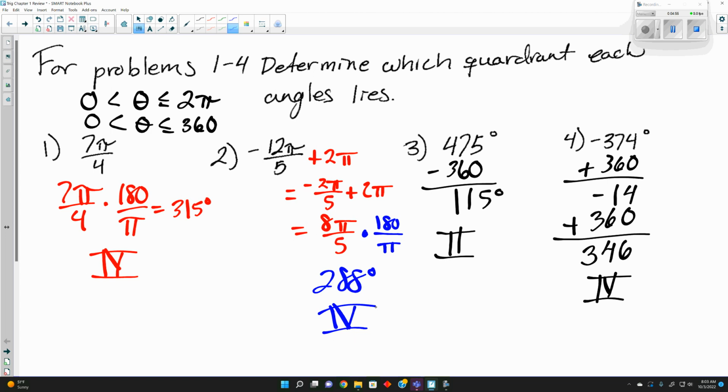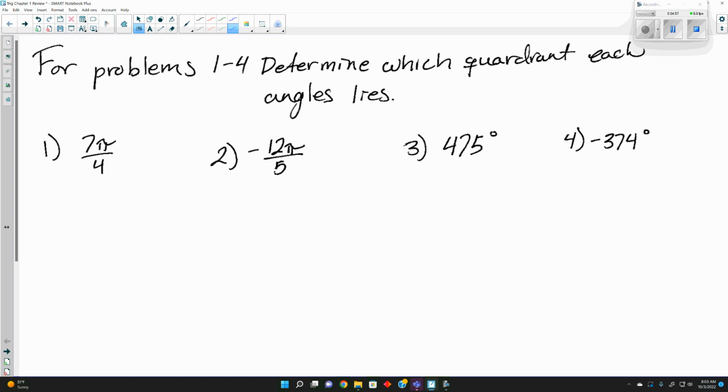Yeah. So we could have multiplied this by 180 over pi first. Let's see, you're negative 12 over 5. And get negative 432 degrees. At which point we can add 360 to it, get negative 72.